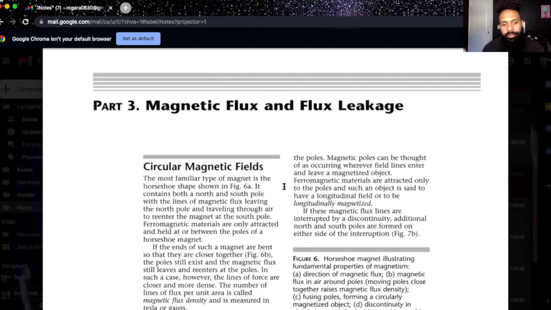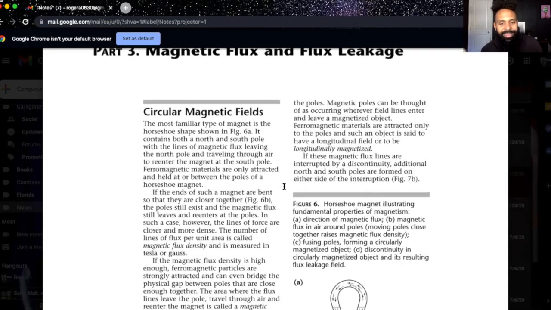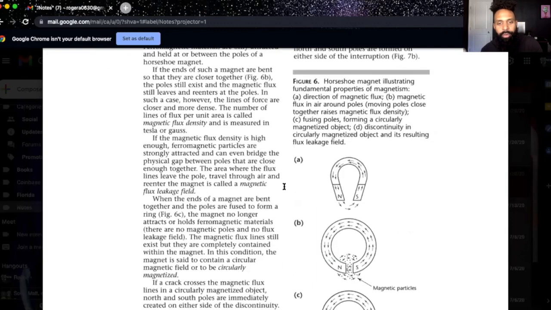If the ends of such a magnet are bent so that they are close together, Figure 6b, the poles still exist and the magnetic flux still leaves and re-enters at the poles. In such a case, however, the lines of force are closer and more dense. The number of lines of flux per unit area is called magnetic flux density and is measured in Tesla or Gauss.